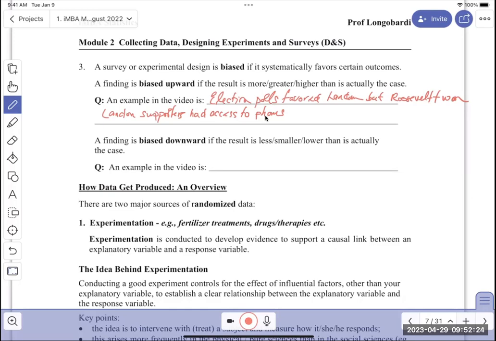And then there was the voluntary response survey of Ann Landers. I hope you can read my printing. I'm trying to be neat. It's hard. Ann Landers' voluntary response survey asked people, would they have kids again?